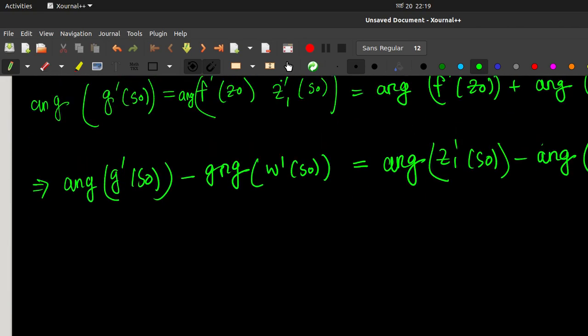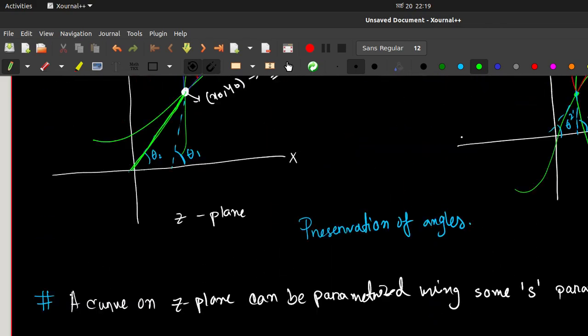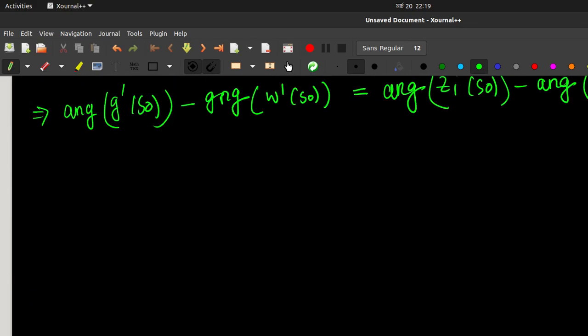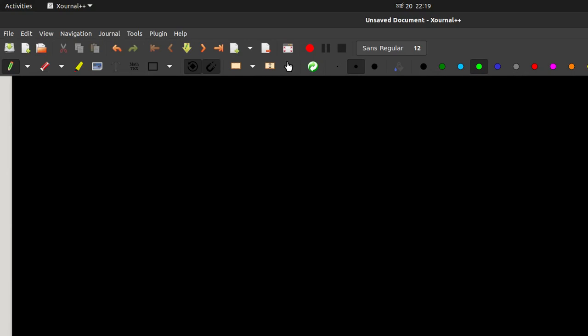So this is one of the critical properties of these conformal transformations, and it turns out that conformal transformation not only preserves the angle between these differentiable arcs, which is written in terms of w prime, a very small segment of the tangent or small segment of the curve, whatever you want to call it.